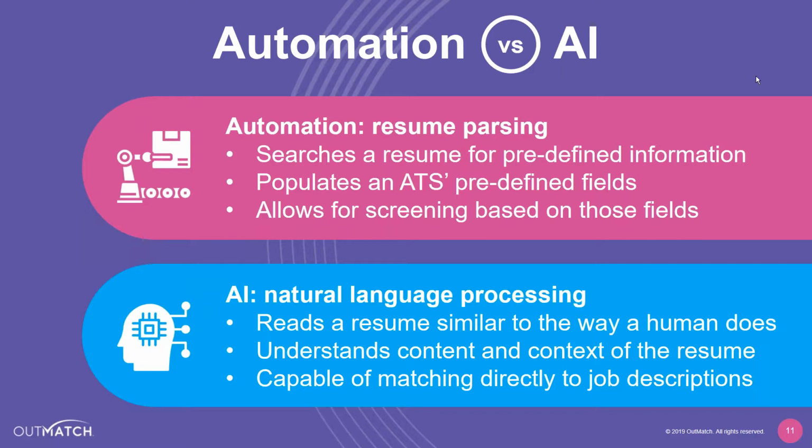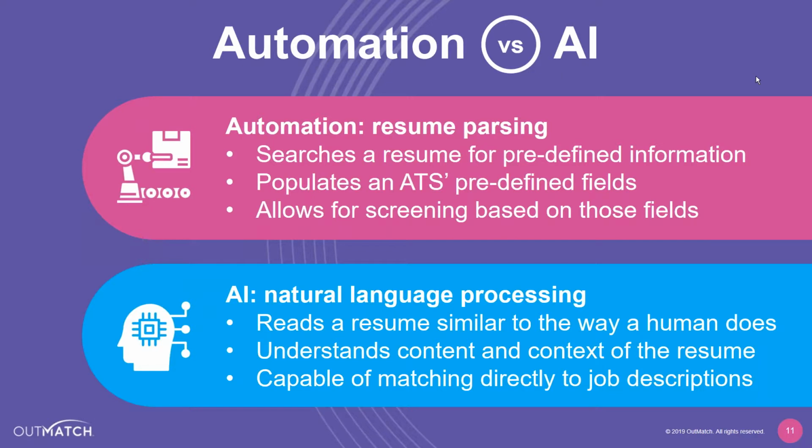I typed in business development representative, so I can't view the business development executive profiles. Whereas with an AI using NLP, it will pull up everybody that has the same kind of context to that.